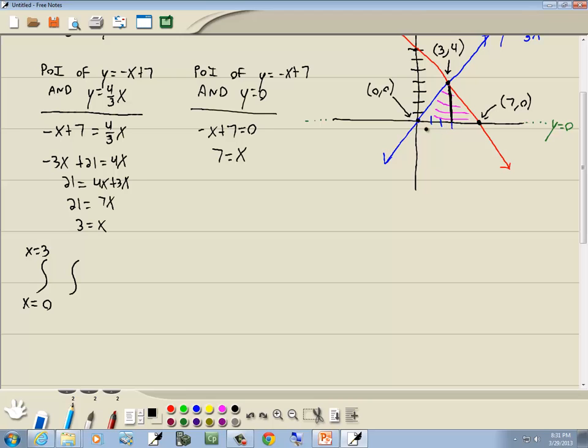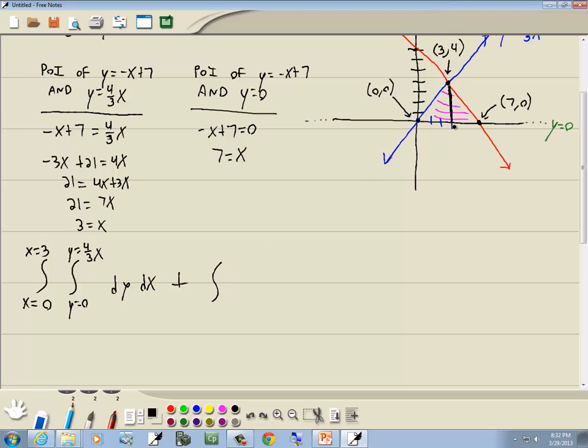So the green line is less, which means this green line is y is equal to 0, and the blue line is above that, so it's greater than. So that's going to be y is equal to 4/3 x. Again, that was our blue line. And then we'll have dy dx. Now that handles our first half of the triangle.